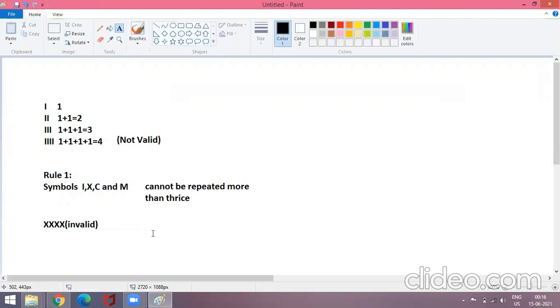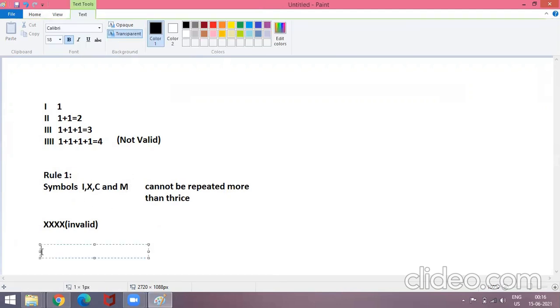There is one more rule when it comes to the rule of repetition. So we have covered the 4 symbols out of 7, right? So what about the symbols V, L and D?